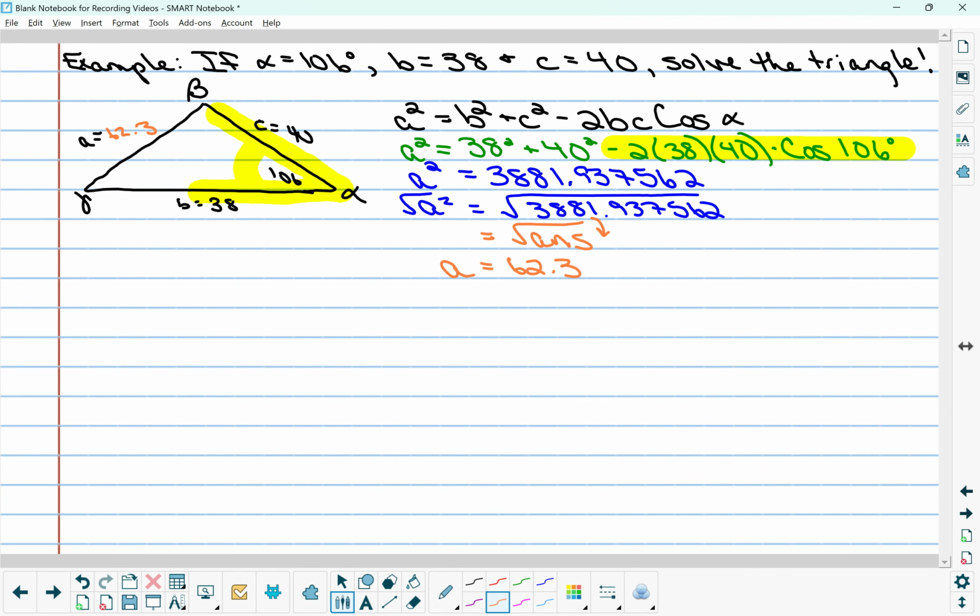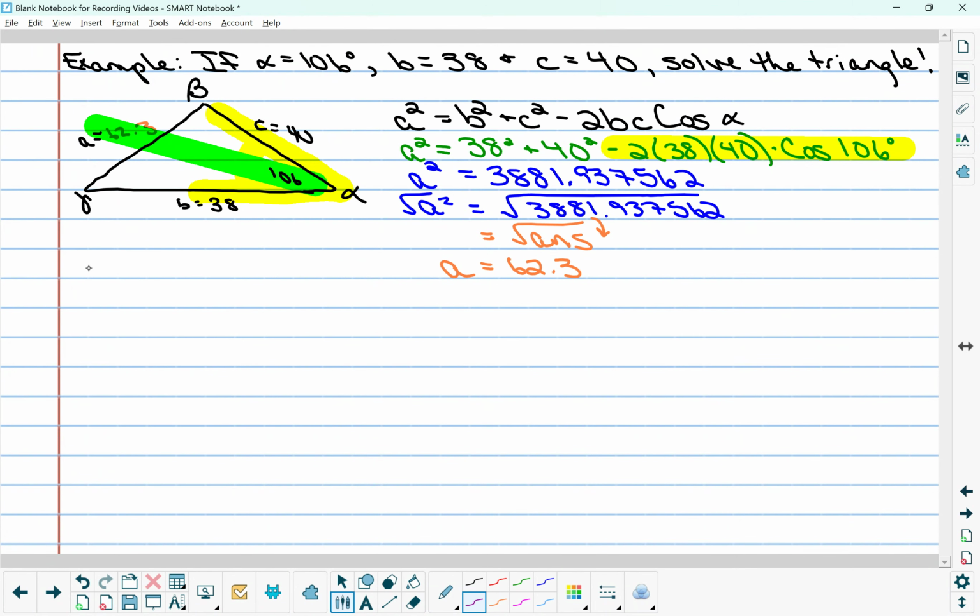Okay, and so that is here, 62.3. And now from there, this gets a little bit simpler, because if you recognize it, you can now switch to law of sines, because now I have A, and I have any side, B or C, and I can use law of sines. And that's quicker and easier and just so much faster.